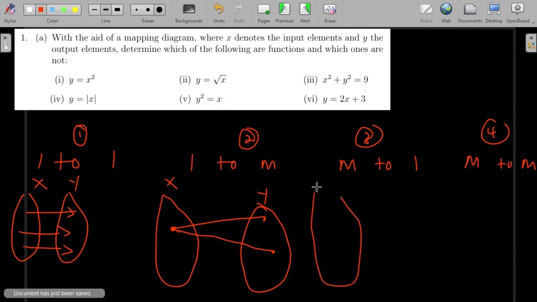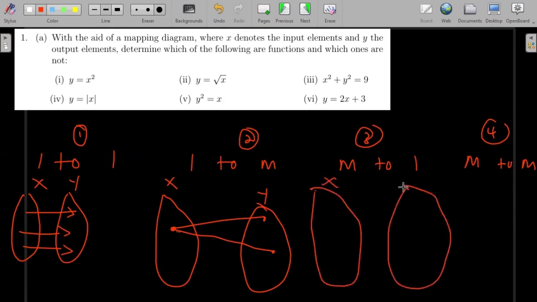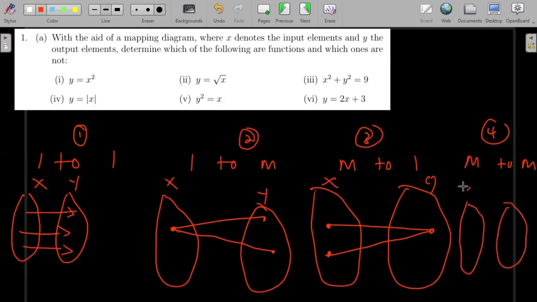And then we also have a many-to-one. Okay, so many-to-one will just be like the opposite of this. So I have two points maybe here, or two elements that have been mapped to the same guy like that. We're going to say this here is a many-to-one. And then the many-to-many, I'm sure you can guess what it's going to look like.